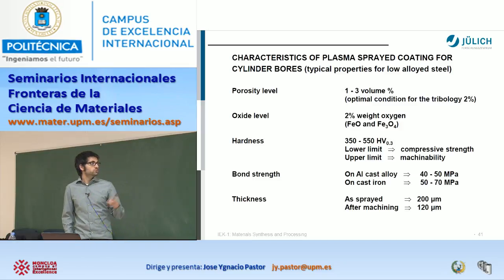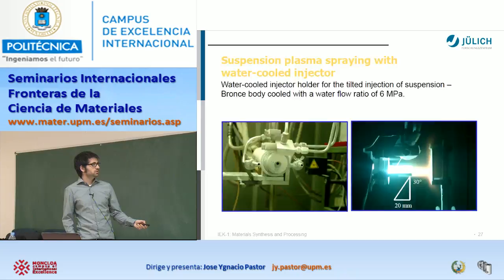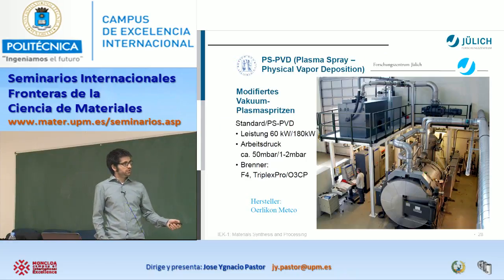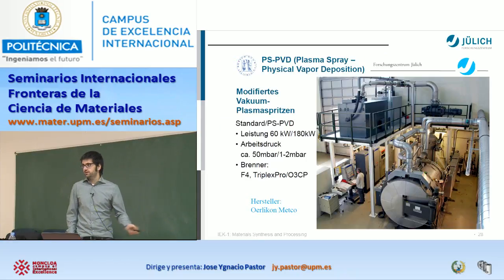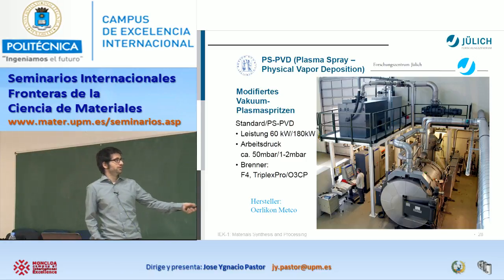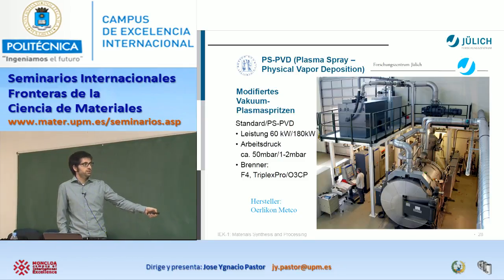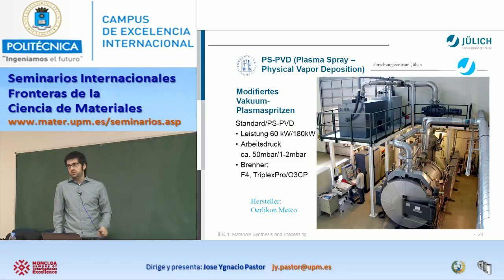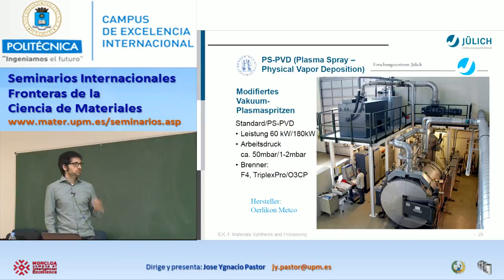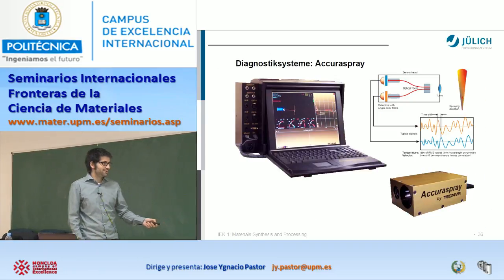Probably to reduce it, you use a facility like that one, where you can perfectly control all the atmosphere here, with a vacuum pump, and it's not like the normal one. This whole system is to extract the atmosphere here, produce the vacuum and absorb the particles. So yes, probably the oxygen content is low, but it's always there, I'm sure.